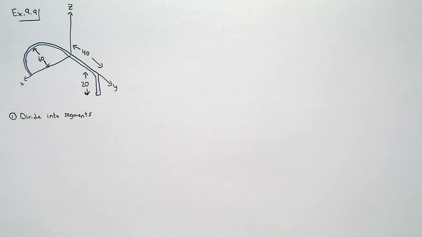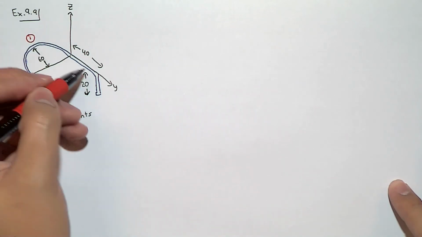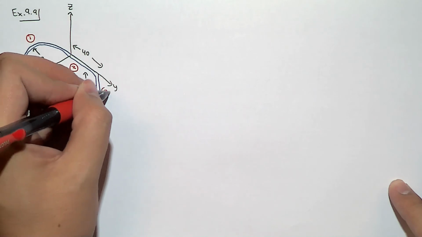Remember, you want the segments to be as simple as you can make them, so you can reduce your calculations. Three? What are those three? The half circle, the straight bar along the y-axis, and then the one in the z-axis. Okay, so the half circle, the straight bar along the y-axis, and then the drop along the z direction.